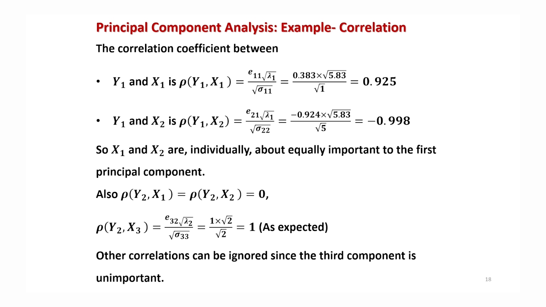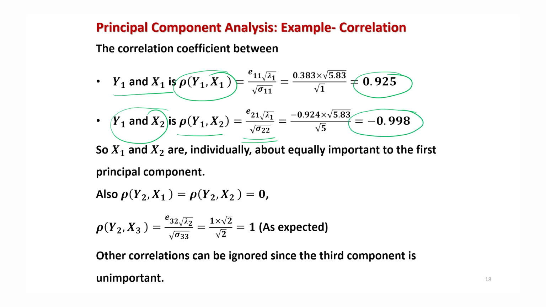Now, regarding the correlation coefficient between y1 and x1, which is indicated by rho y1 x1, which I have computed here, this is something like 0.925. The correlation coefficient between y1 and x2 is rho y1 x2. Using the same formula that I explained, I have computed it to be minus 0.998.